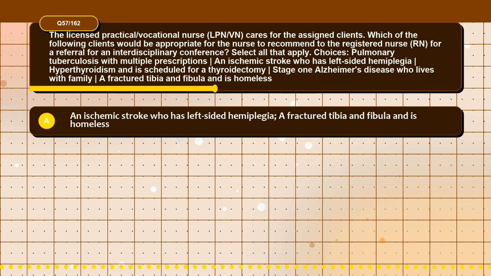Choices: pulmonary tuberculosis with multiple prescriptions; ischemic stroke who has left-sided hemiplegia; hyperthyroidism and is scheduled for a thyroidectomy; stage 1 Alzheimer's disease who lives with family; fractured tibia and fibula and is homeless. Here are the options. Option A: an ischemic stroke who has left-sided hemiplegia, a fractured tibia and fibula and is homeless.